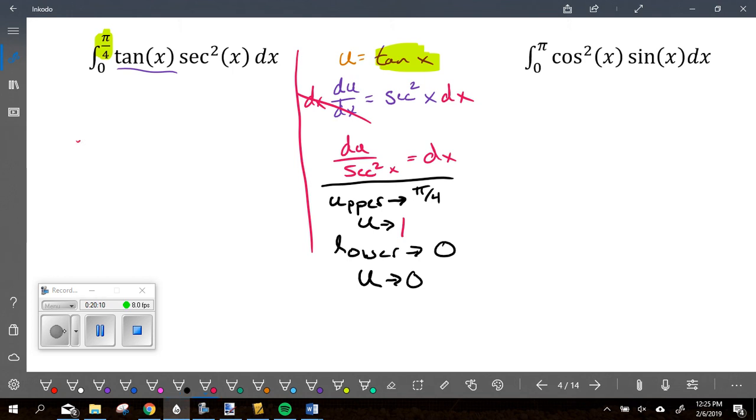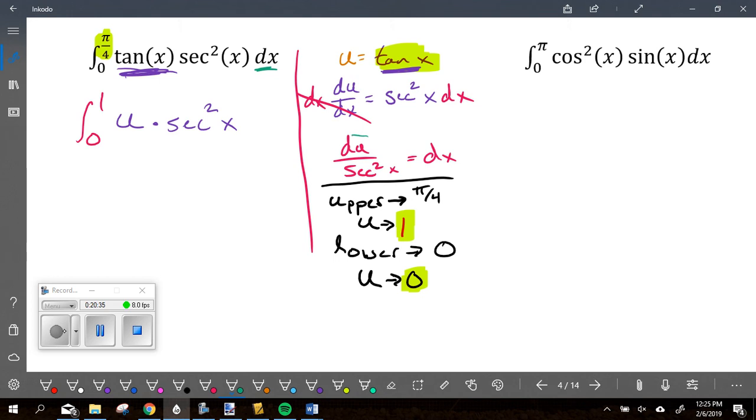So now we're going to do all of that substituting. My lower bound is 0, so I'm going to plug in 0. My upper bound is 1, so I'm going to plug in 1. Tangent of x, I'm not going to write tangent of x, I'm going to plug in u. So I'm going to say u times secant squared x. And I'm not going to say dx.